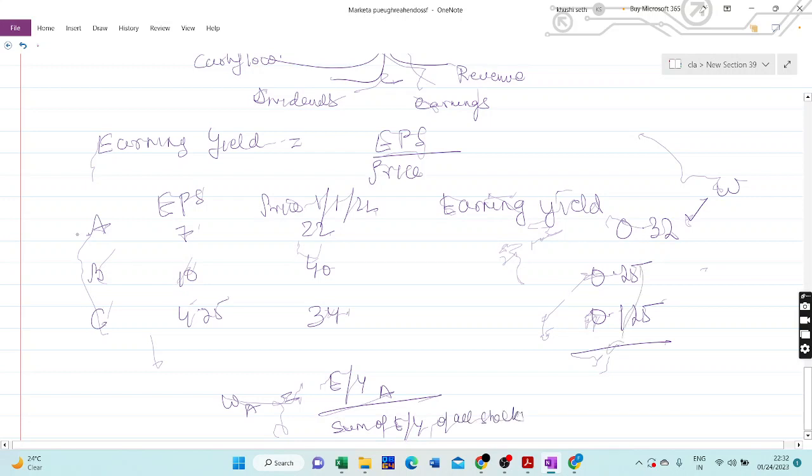So what is the sum? 0.32 plus 0.25 plus 0.125. This is how much? 0.32 plus 0.25 is 0.57, plus 0.125 gives 0.695. Okay, so weight of stock A is 0.32 by 0.695. How much is this?